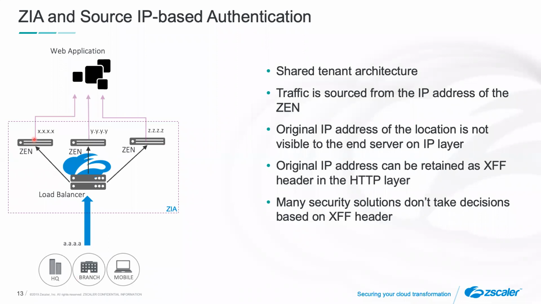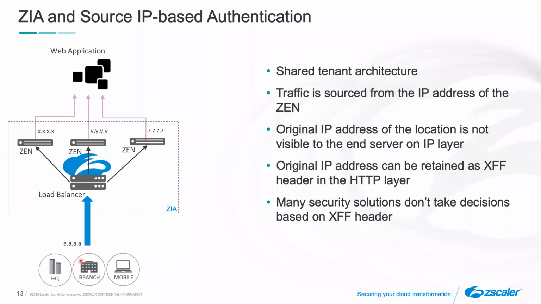If it's not allowed, then it's just blocked. But the crucial thing to understand is that this server is multi-tenant, which means that the IP address of this server is not owned by a single tenant. It's a public resource owned by Zscaler.